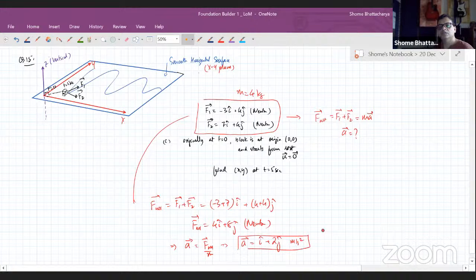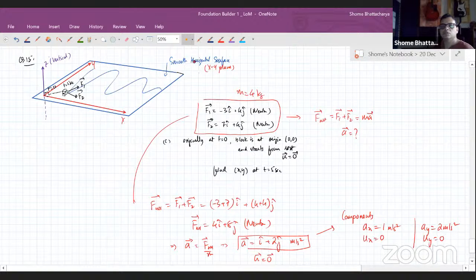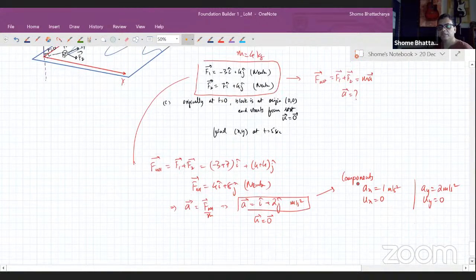Now what you can do is you can write this as components. Okay, the x component of acceleration is 1 meter per second square, and the y component of acceleration is 2 meters per second square. Okay, the initial velocity was 0. So the x component of initial velocity is 0, and the y component of initial velocity is 0. So along the x-axis, the motion will be like this.